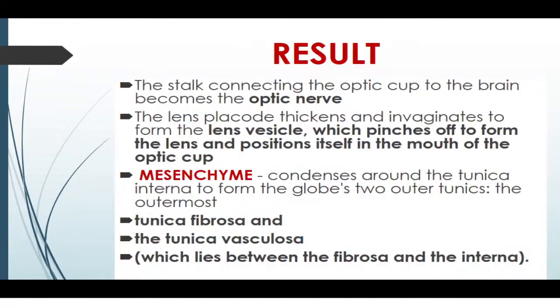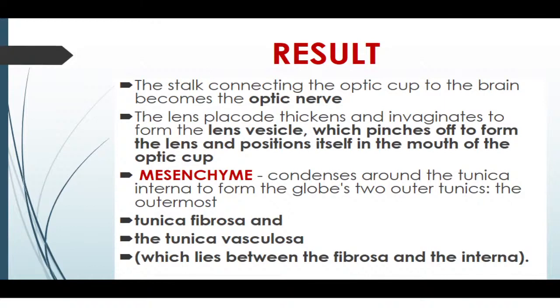A stalk connecting the optic cup to the brain becomes the optic nerve. The lens placode thickens and invaginates to form the lens vesicle, which pinches off to form the lens and positions itself into the mouth of the optic cup.